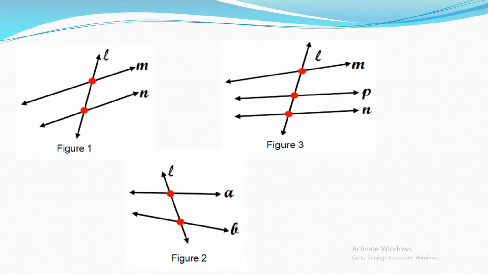What can you see on the figures? Very good. They have 3 or 4 lines with points of intersection. Have you observed that all 3 figures have that line L?